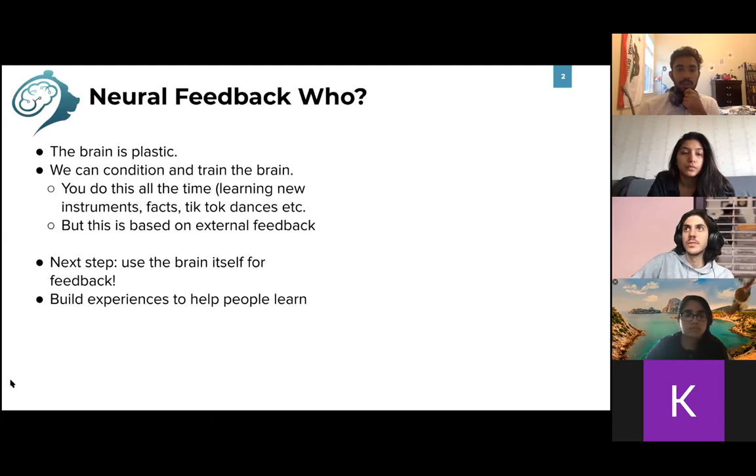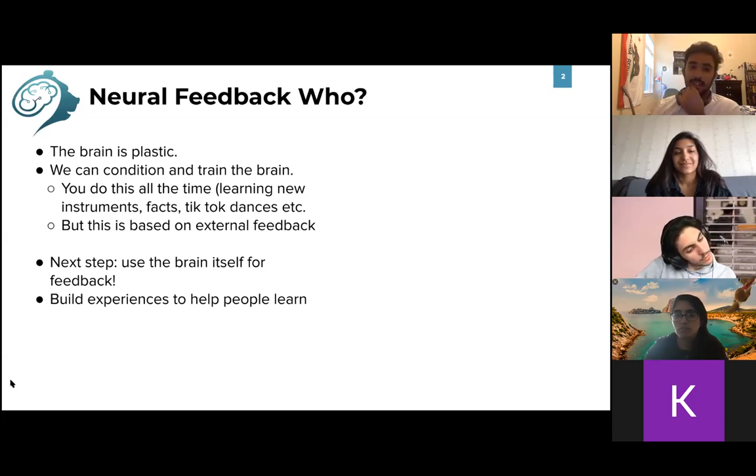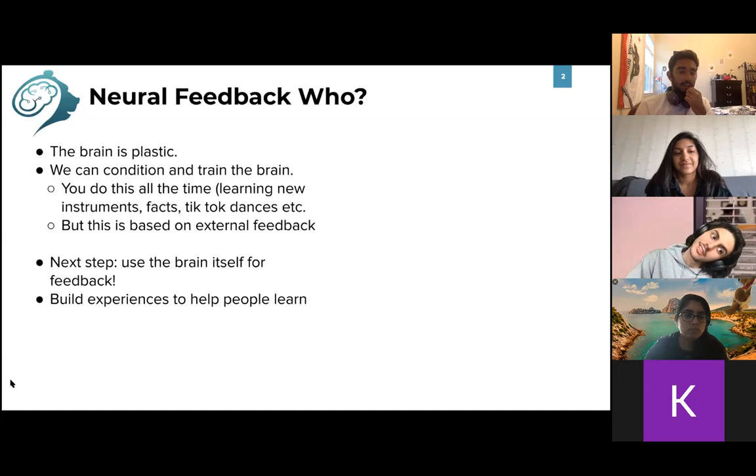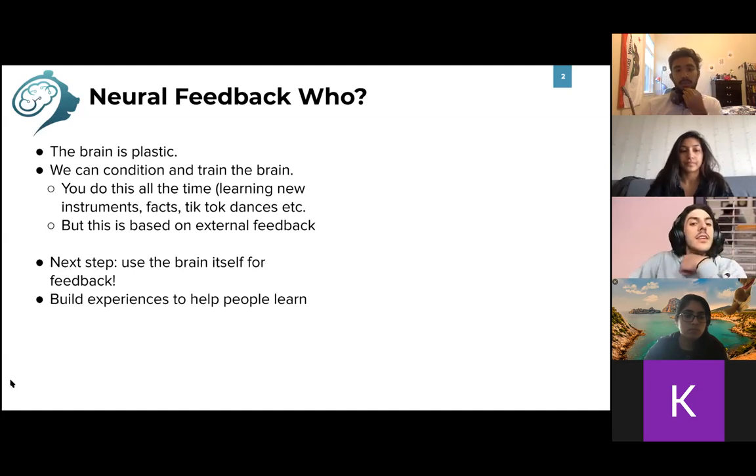So we can do different things to condition and train the brain. And we do this externally all the time. You learn a new instrument or a language or TikTok dances, or your schoolwork. And this is still part of the plasticity of the brain.